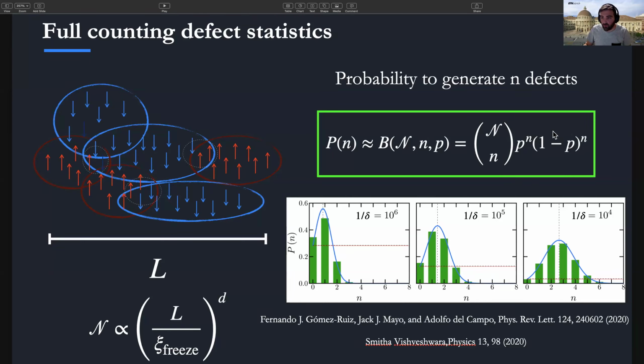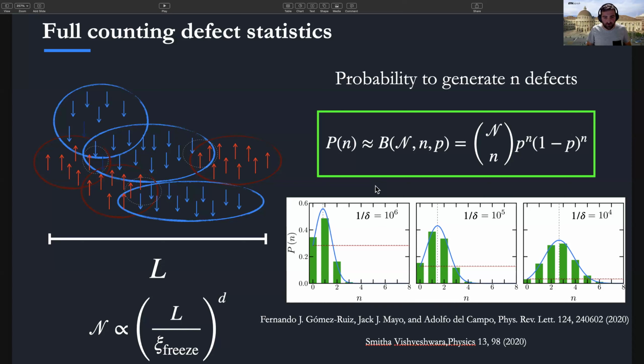And when you put together this information, you have that the probability to generate a certain number of defects n in the system depends, of course, on delta through n and also through p. And you can show basically that it's a binomial distribution that becomes sharper and sharper as you send delta to 0, as you expect, because as you send delta to 0, the number of defects has to vanish, and this binomial distribution becomes more and more skewed towards 0.